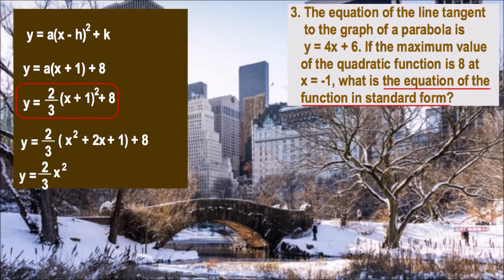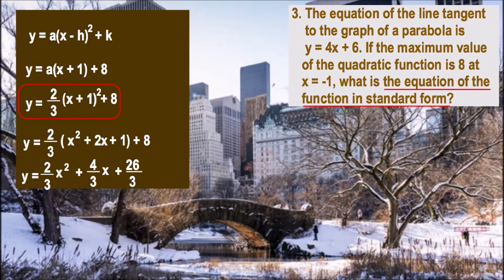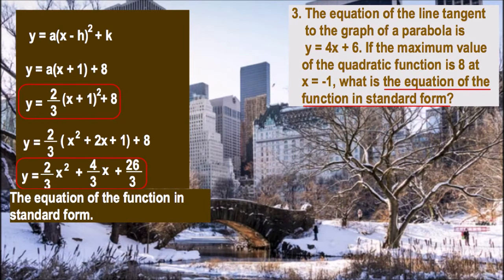Y equals 2/3 x squared, positive 4 over 3 x, positive 2/3, positive 8. Perform calculations between like terms. Thus, the equation of the function in standard form is y equals 2 over 3 x squared plus 4 over 3 x plus 26 over 3.